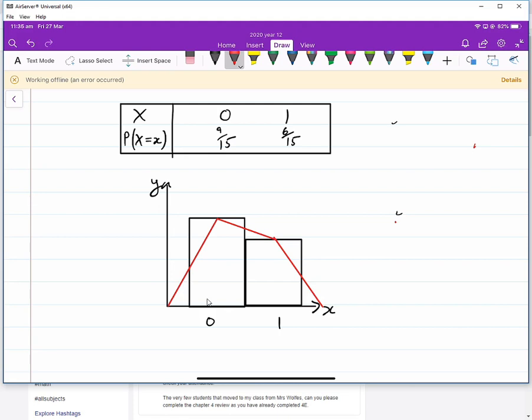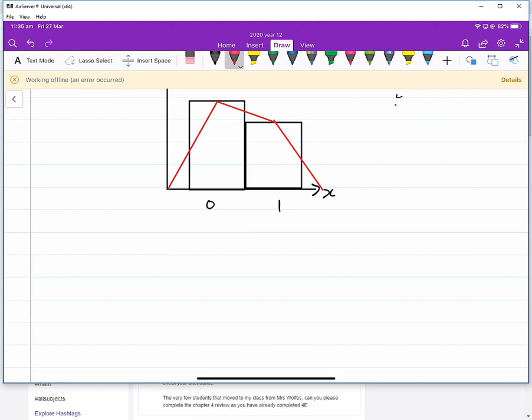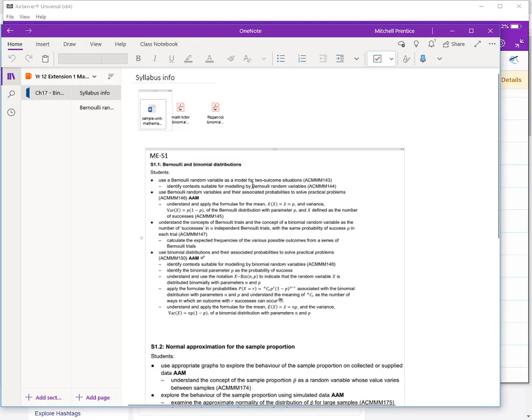We want to then see 2 things. It's asking us to work out and understand 2 things in our syllabus. So hopefully we've now seen you can use a Bernoulli random variable as a model of 2 outcome situations and identify contexts of when we're going to use them.